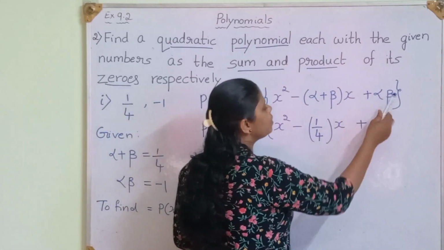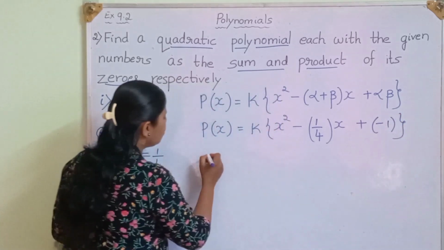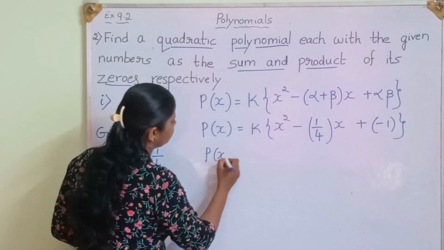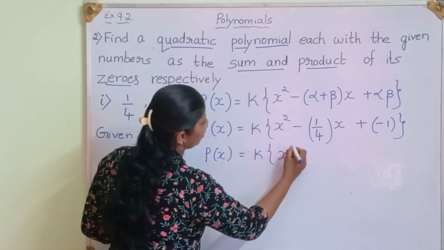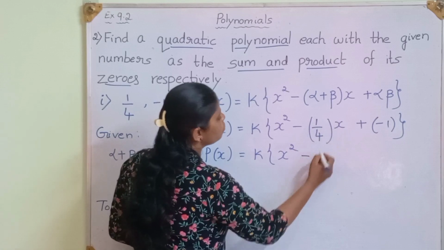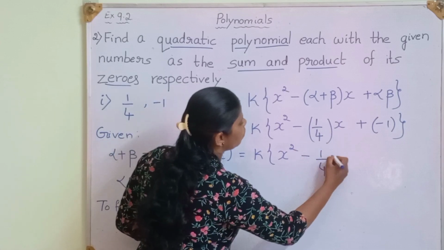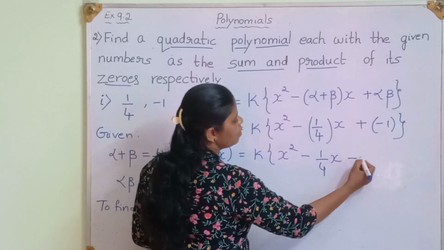So p of x is equal to k into x square minus 1 by 4 into x is 1 by 4 x. Plus into minus is minus 1.